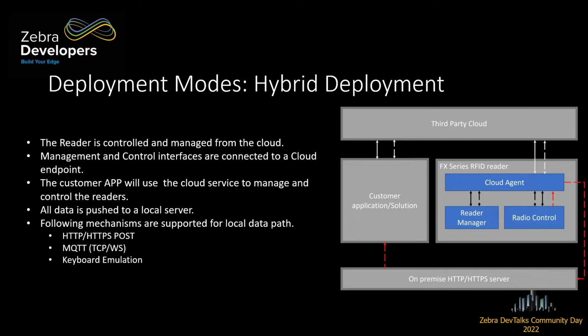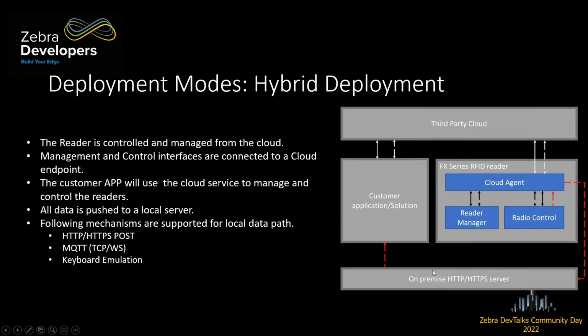That can be HTTP post or keyboard emulation or MQTT broker. In this case, the additional network bandwidth utilization that would have occurred if the reader was sending the data to the cloud is all avoided, because the data is now going local.